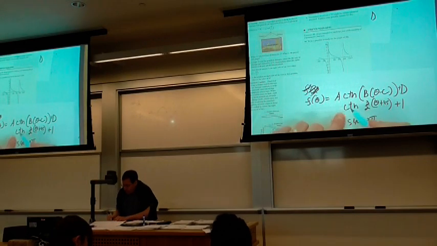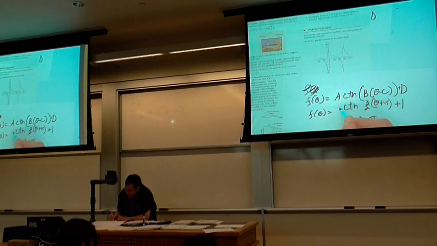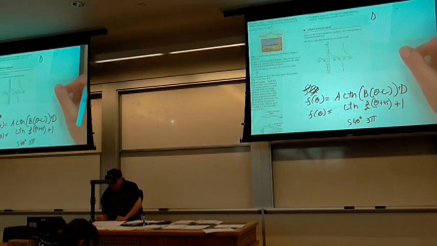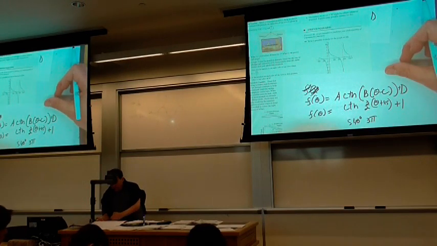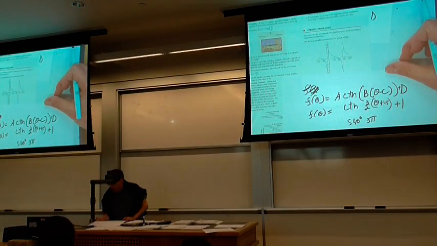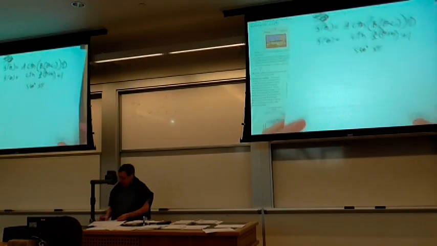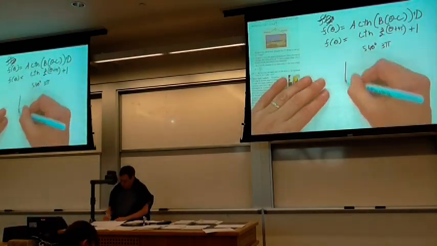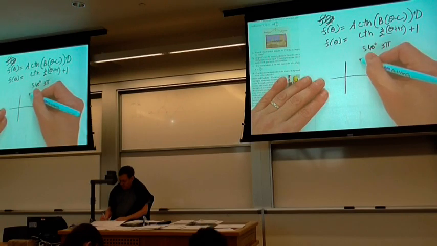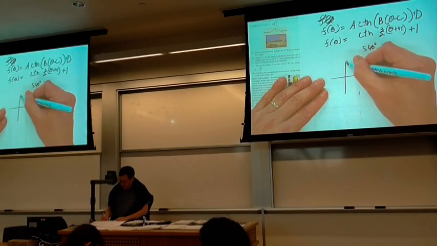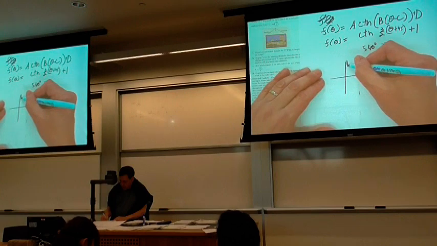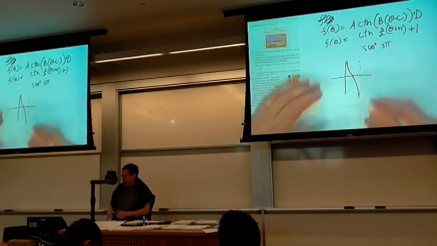All right, so here we are. The only thing we don't know is the A, and what the A is going to do is it's going to affect the shape of this. So, for example, for a regular cotangent, I'm going to try and be artistic here, but actually I'm not.